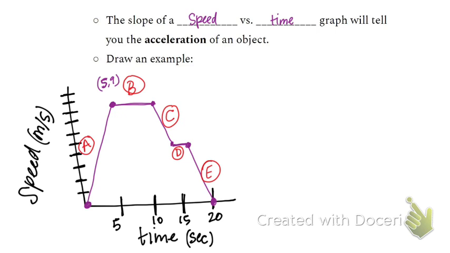This time, what do your flat spots mean? It's not accelerating, but you're going at constant speed. So like you hit your cruise control.